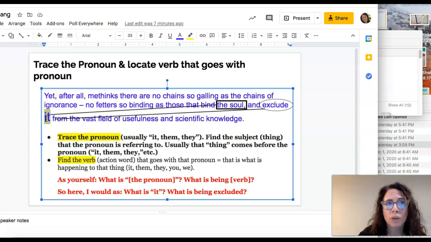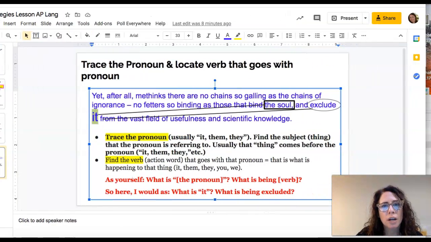I tell you in your own writing that if you have a lot of these, then they're not clear, and you have to clarify what they are, like name the it. So you have to ask yourself as a reader, well, what is it? What is the pronoun? And then what is happening to it, the pronoun, and that's the verb. So here I would ask, what is it and what is being excluded?